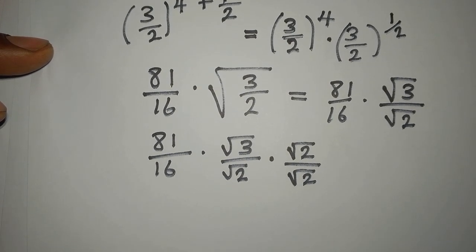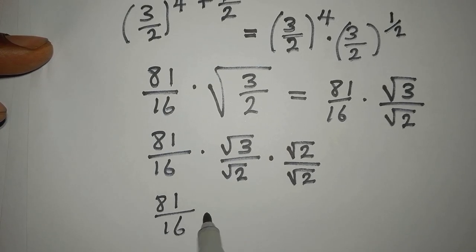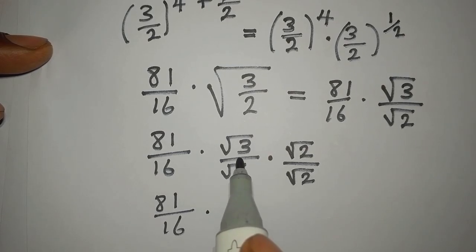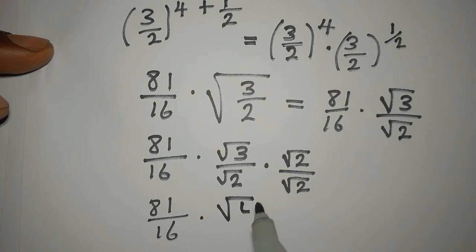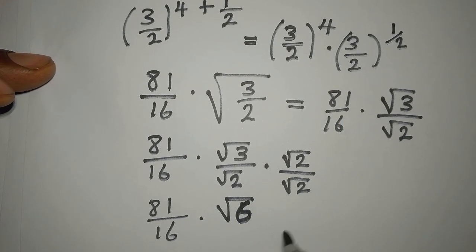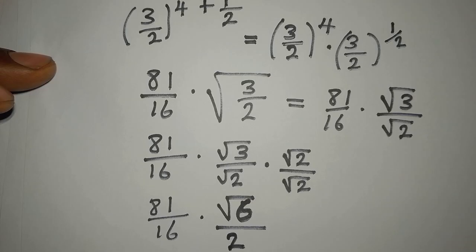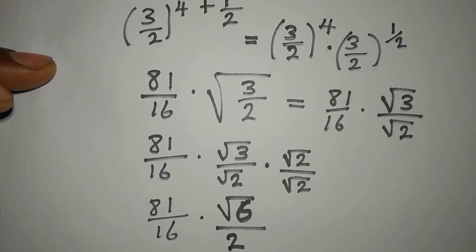So to continue with this, we have 81/16, then multiply by 3. Root 3 multiplied by root 2 will give us square root of 6. And then that will be over square root of 2 times square root of 2, which will give us square root of 4, and square root of 4 is the same as 2, right?